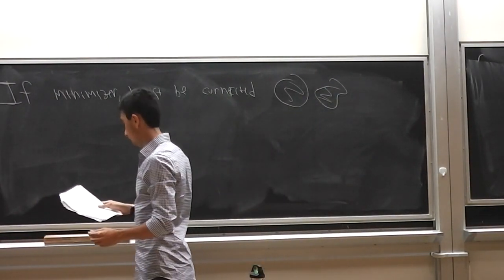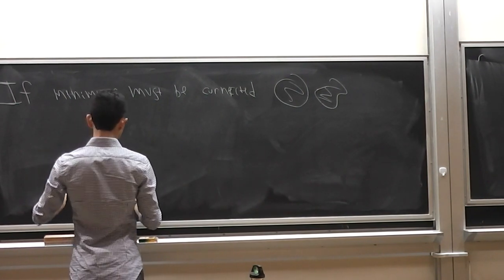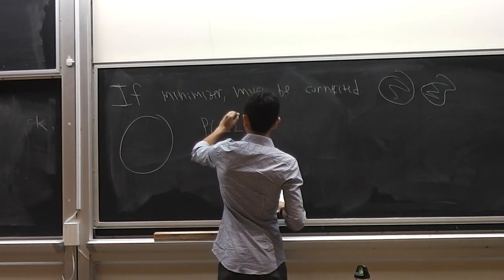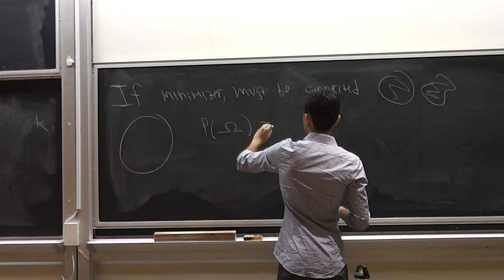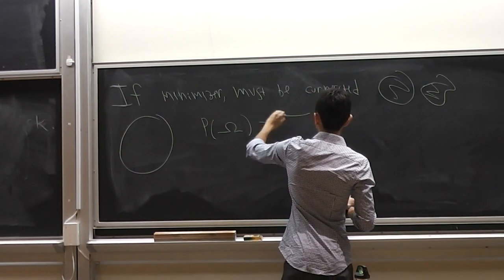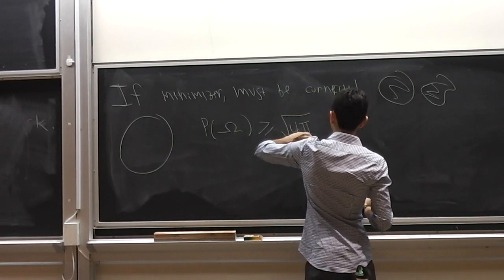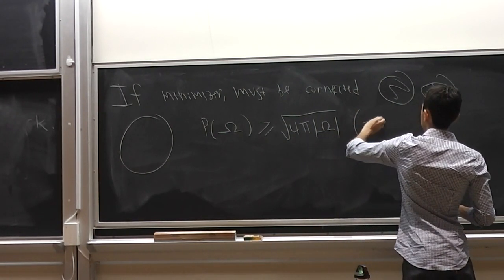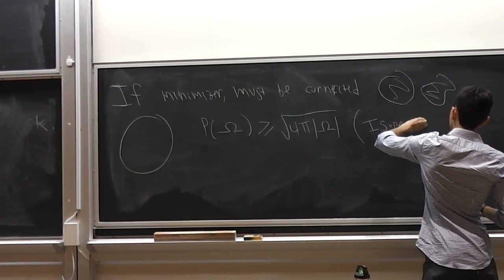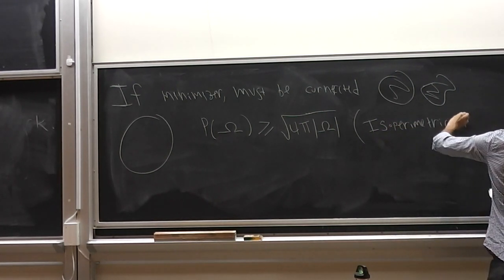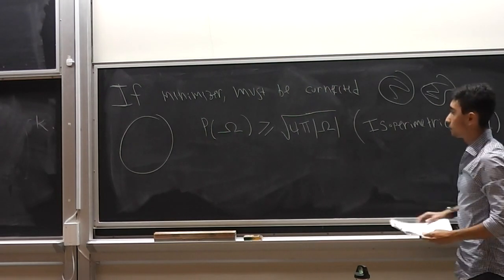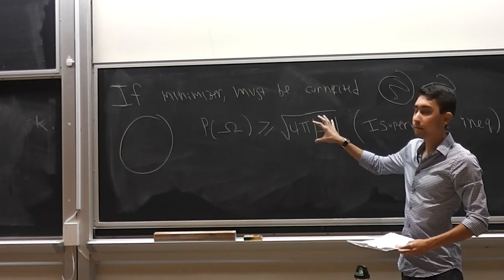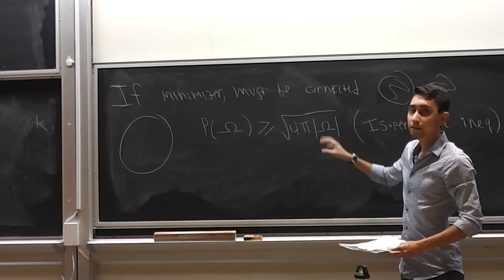For a connected set, we have this inequality: the perimeter is greater than or equal to the square root of 4 pi times the area. This is the isoperimetric inequality. It says that if you have a set, its perimeter has to be at least as large as the perimeter of a ball with the same area.